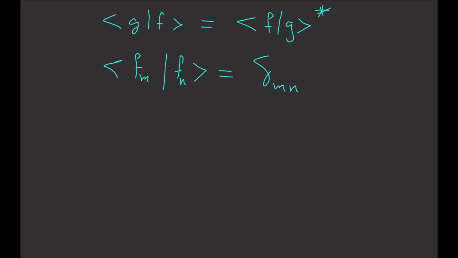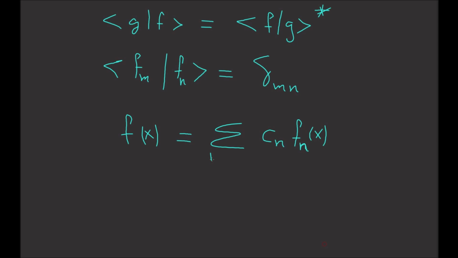Alright, so finally, the set of functions is complete if any other function in the Hilbert space can be expressed as a linear combination of them. Mathematically, this means that if the function f of x lives in the Hilbert space, this function can be expressed in terms of a linear combination of c sub n, f sub n of x.